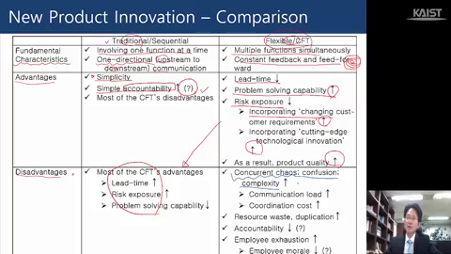Because of the confusion, because of this complexity increase, the communication load increases and coordination costs will go up. And also we can see that resource waste and duplication increases as well, because many functions work together simultaneously.